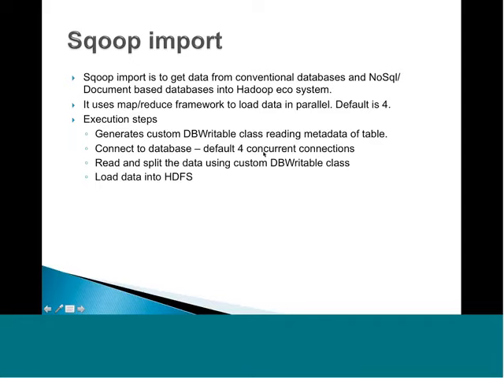It will connect with 4 concurrent connections, read the data from the database and split it using this custom DB writable class, which is generated on the fly, and then load it into HDFS. So there is an algorithm for how it will divide the data into 4 mutually exclusive sets, which I will explain in a moment.